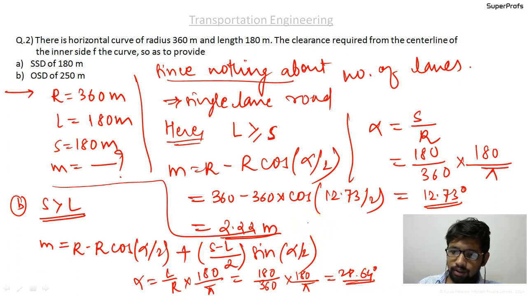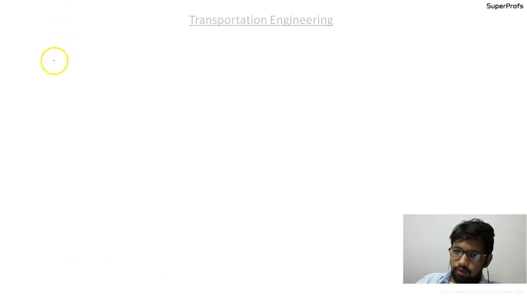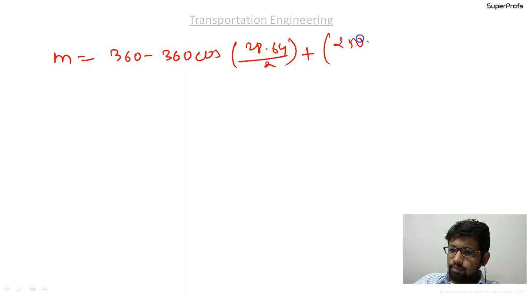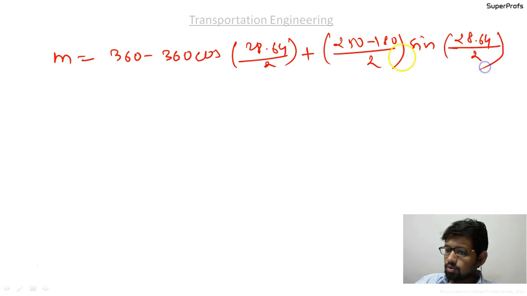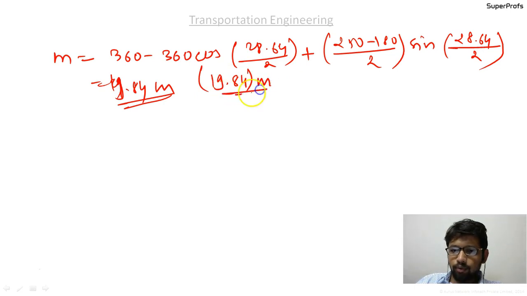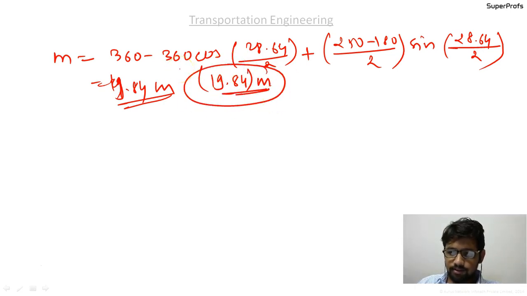So substitute these values in the formula to get M equal to 360 minus 360 cos of 28.64 by 2 plus 250 minus 180 by 2 sine of 28.64 by 2. Okay, that is equal to 19.84 meters. Please understand, 19.84 meters is the setback distance.